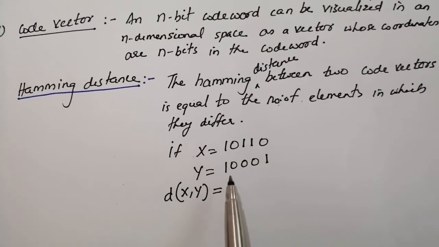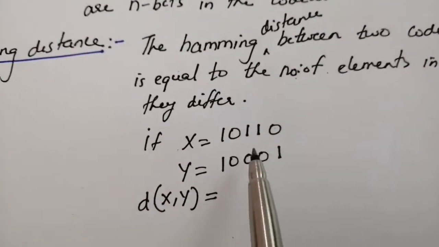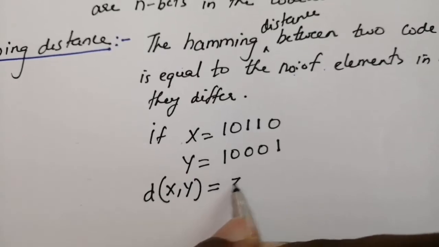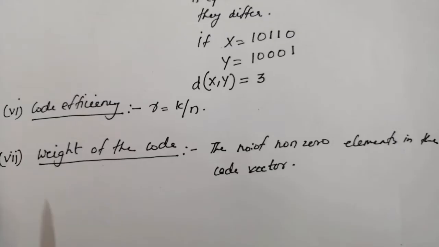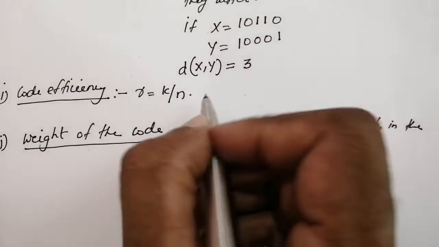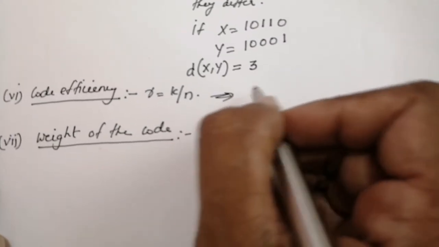Here we can see that the two code words differ in 1, 2, 3 places. So the Hamming distance between x and y is 3. Code efficiency is also defined as R equals k by n, which is also equal to the code rate.